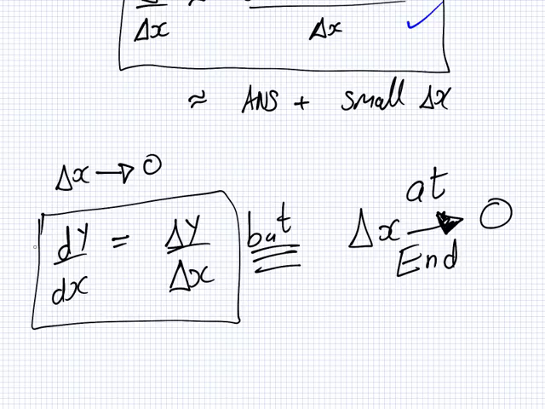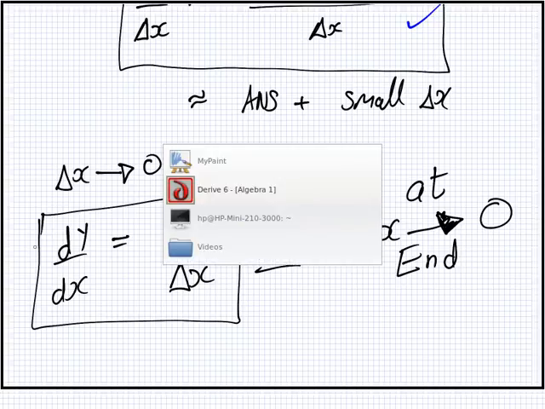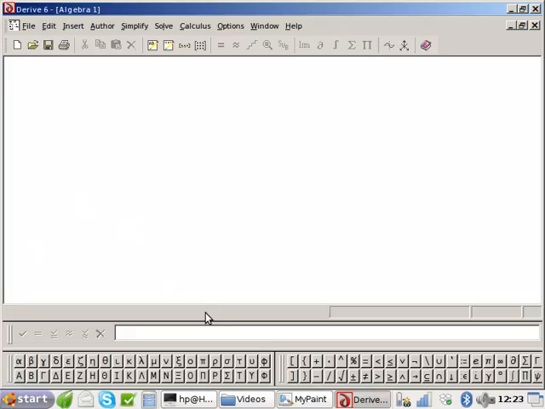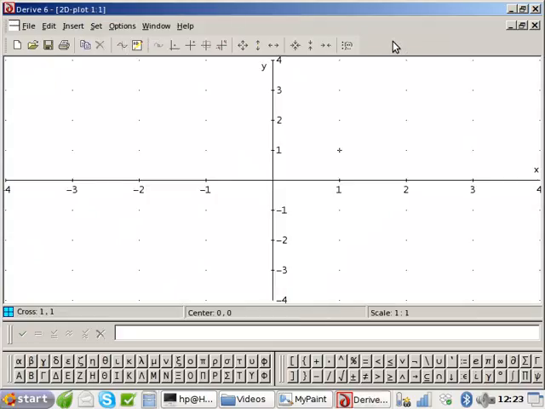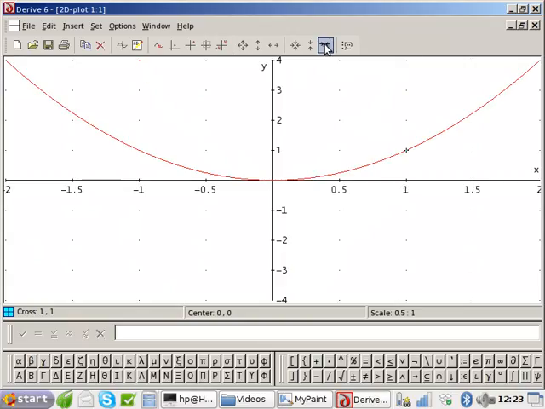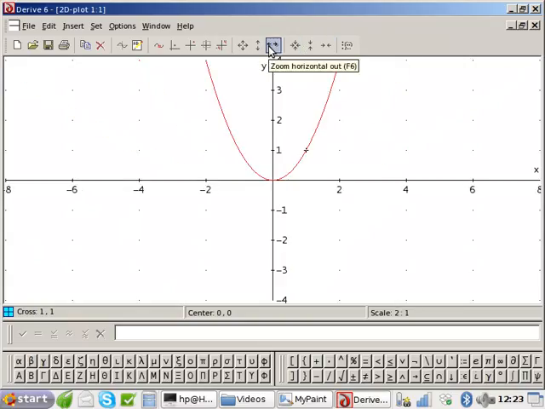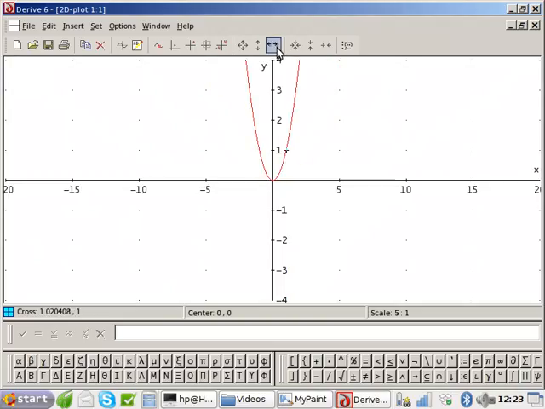Now I want to show you this in the graphing program. Can I go to the graphing program? If I have it open yet. So let's take our example of x squared, and let's draw it. And we were at the point 8, I think. 8 is quite far out. Let me shrink this a bit.